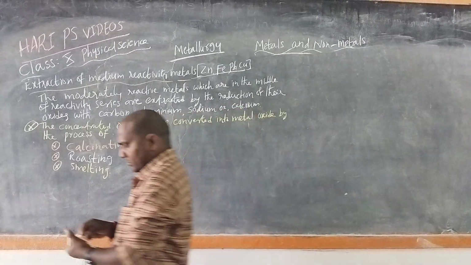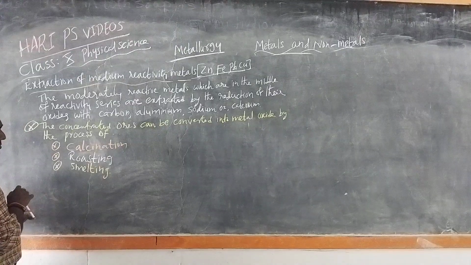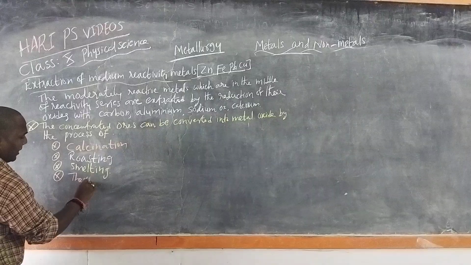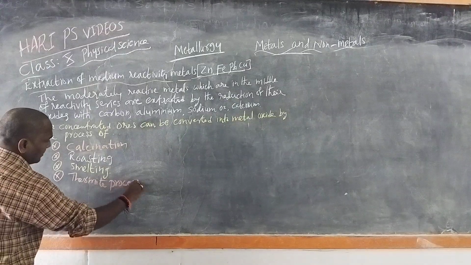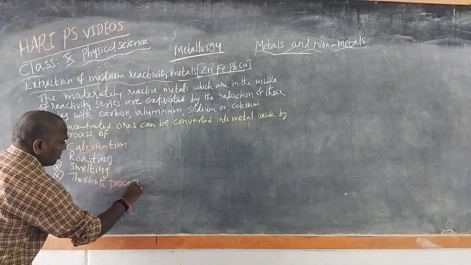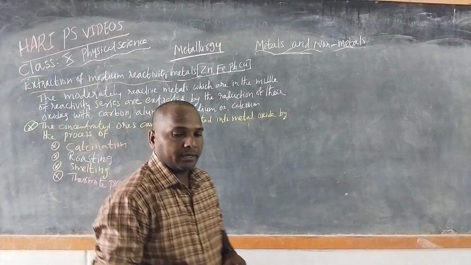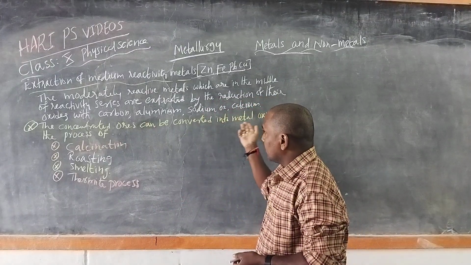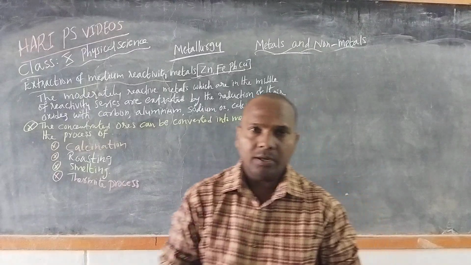And one more process is the thermite process. So there are four processes. How do we get the concentrated ore from the metal oxide?